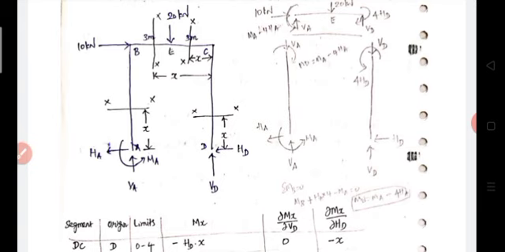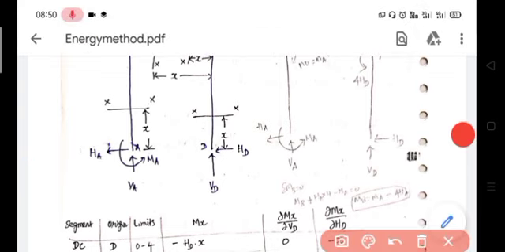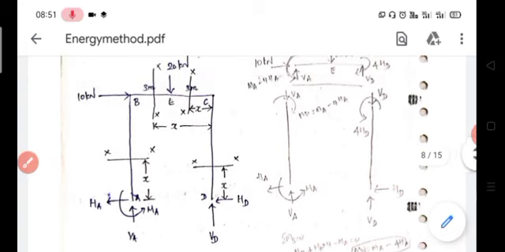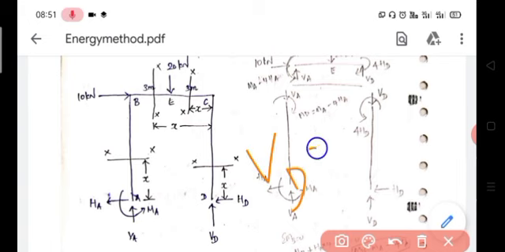Therefore the moment is VD into x. This is a sagging moment, therefore positive.